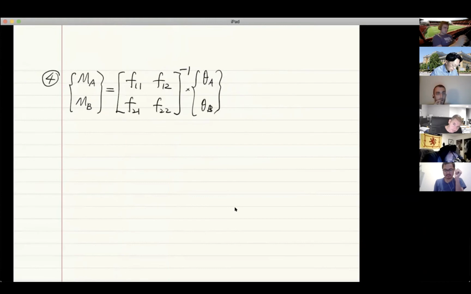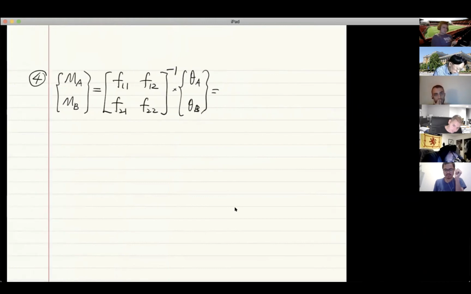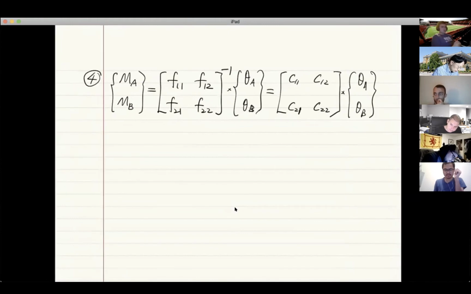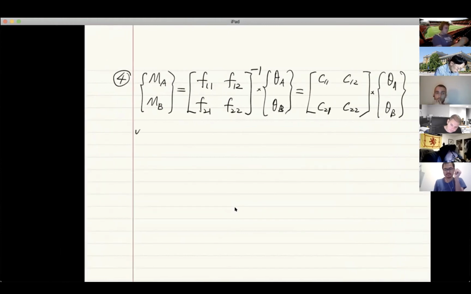And the inverse of this, we're going to call a new matrix. We're going to call them C11, C12, C21, C22, times theta A and theta B, like this. And then I will just give you the expressions of C11, C12, and C21, C22.